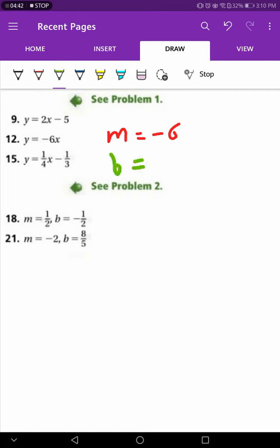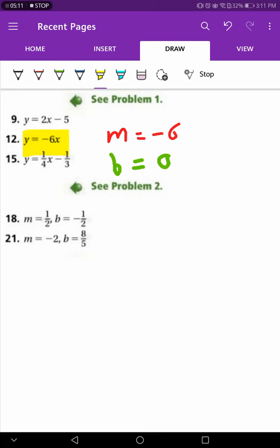Can you see any b here? No, teacher. So b is nothing, so b equals 0. All the time, the m, or the slope, is the number that sticks with the x, and the b is the number that comes alone after the x. Yes. Okay, let us move to question number 13.